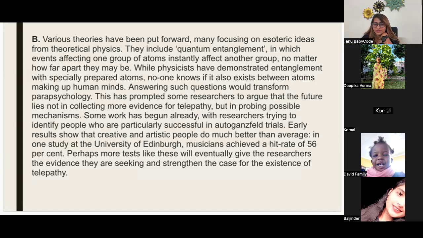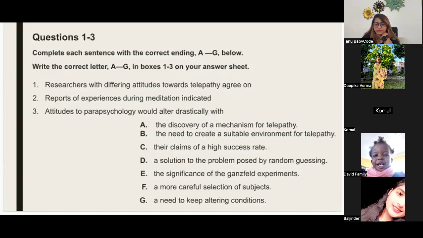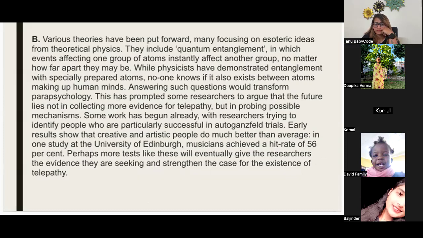Are you reading the passage? Read the passage and find out.